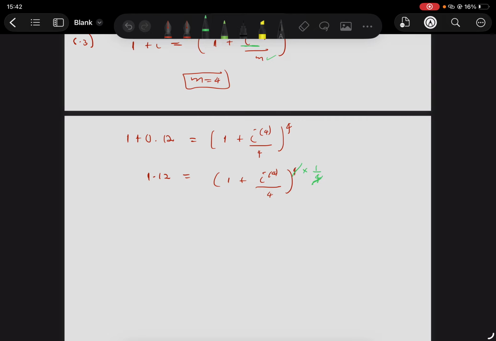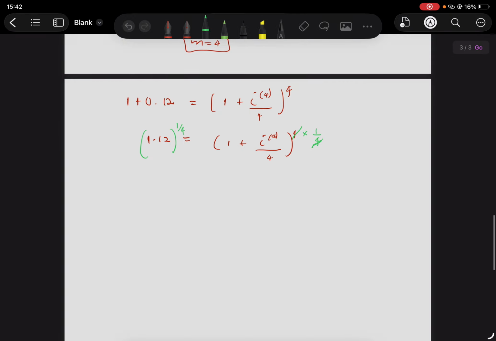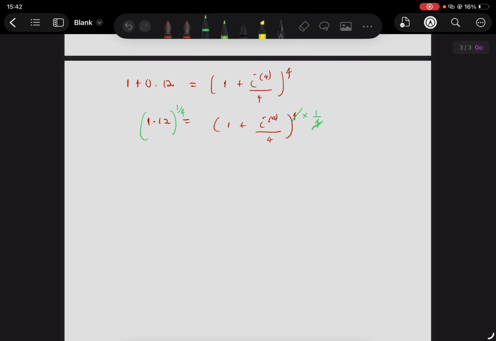What we do on the left, we must do on the right, raising it to the power 1 over 4. So 1.12 to the power of a quarter is equal to 1 plus i4 over 4. In other words, 1.12 to the power of a quarter minus 1 is equal to i4 over 4.